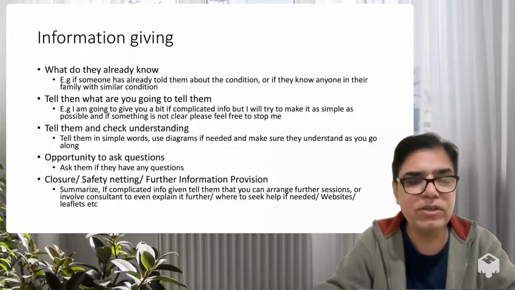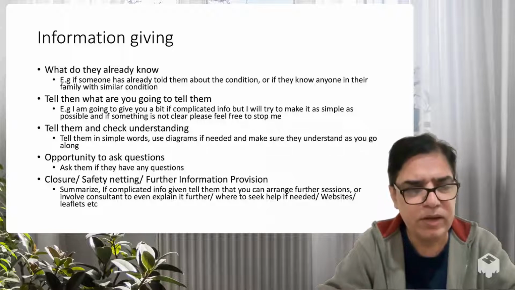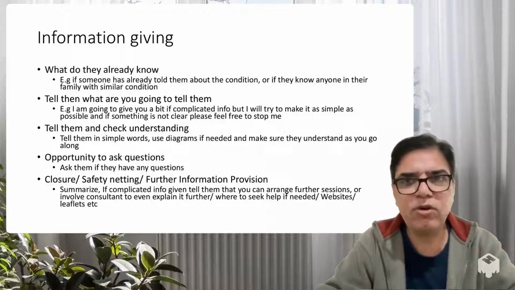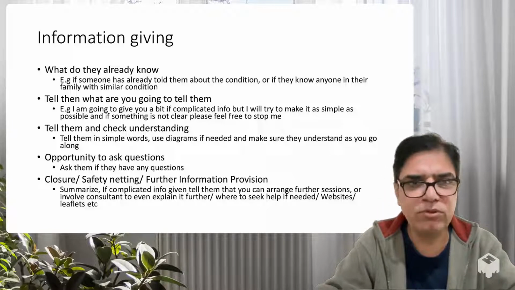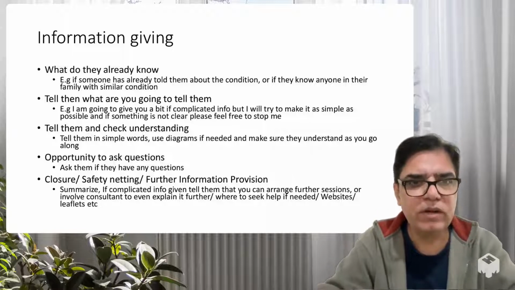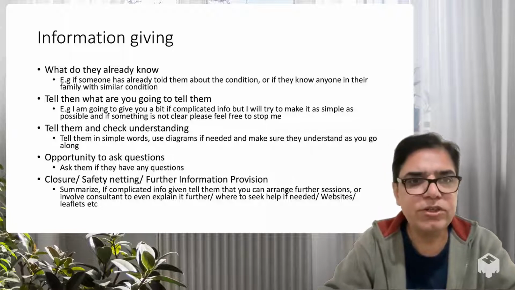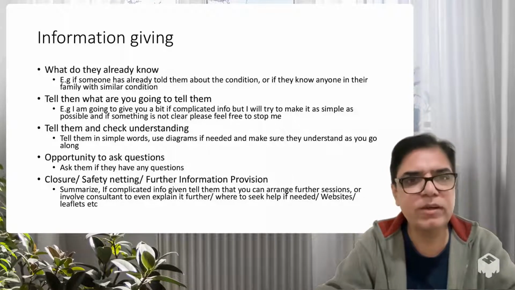One of the common stations that we get these days is about information giving. Usually there is a scenario where a child was diagnosed with, let's say, cystic fibrosis or something. Talk to the parents and give this information. As I told you, you have to enter the station, introduce yourself, and tell them you are the pediatric doctor.